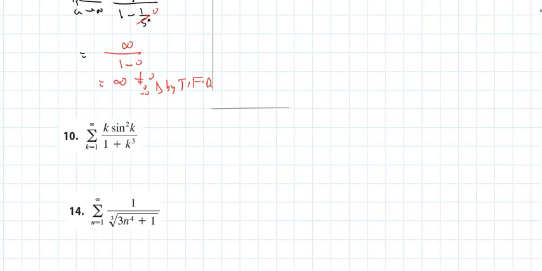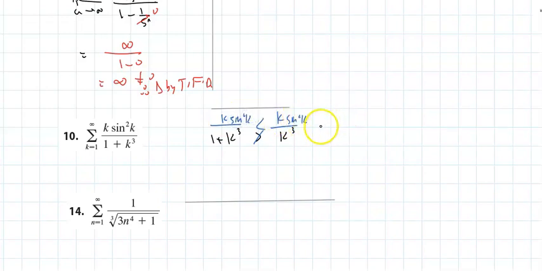If I glance at this problem, obviously I want to get rid of the number first, so I take 1 plus k cubed and k cubed. I know that 1 plus k cubed is bigger. When I put 1 over, the inequality switches. Then I tag on k sine squared of k. I can do that because that's always positive.